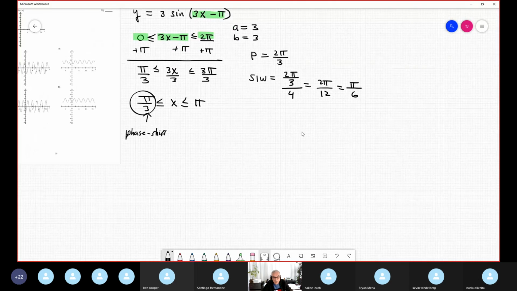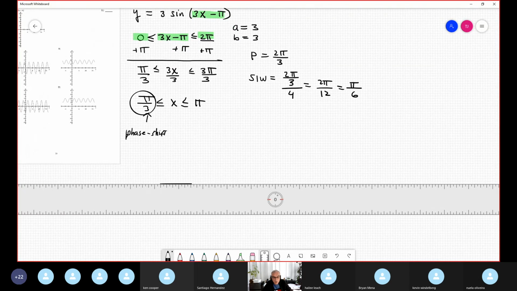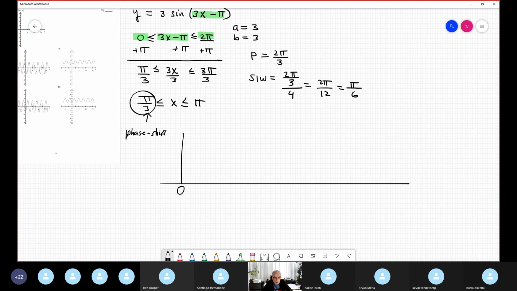Let me show you the graph. This is 0, but I don't care, we have a phase shift. My first point is at pi over 3, my last point is at pi. We have the midpoints, and the subinterval width is pi over 6, so that distance is pi over 6 each time.